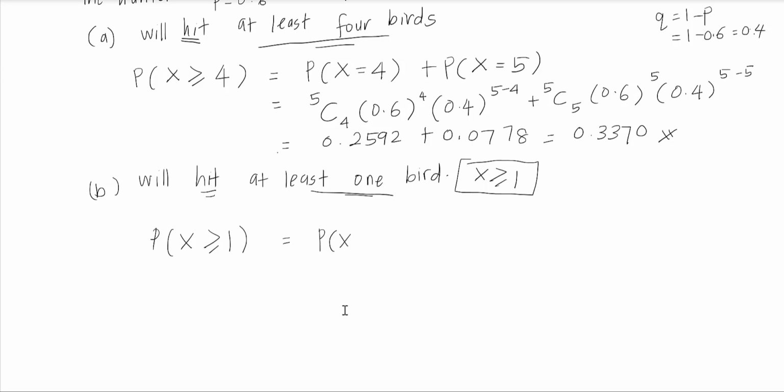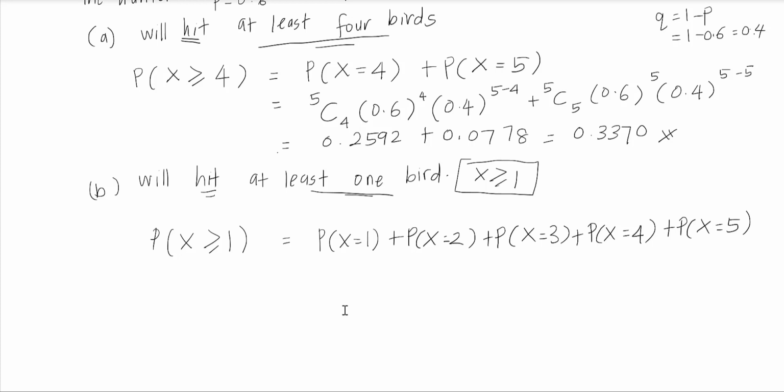It can be when x equal to 1, or x equal to 2, or x equal to 3, or x equal to 4, or x equal to 5. We have number of trials up to 5, so we stop at x equal to 5.